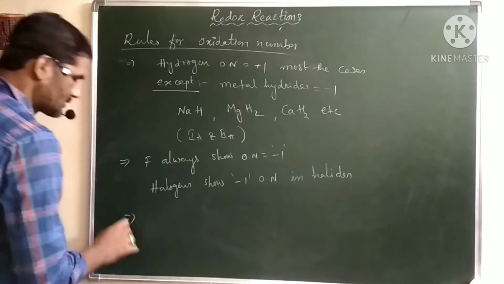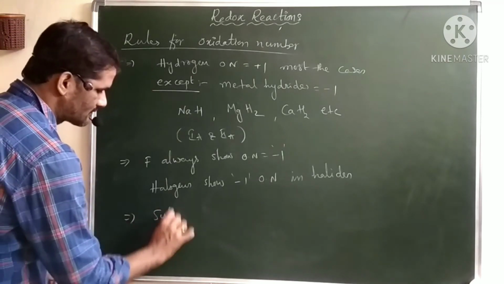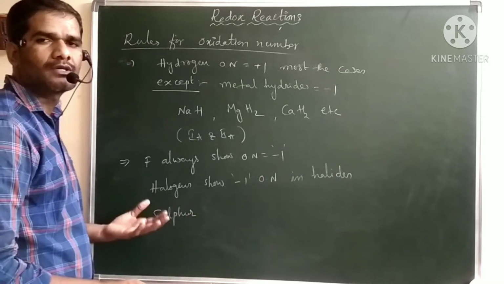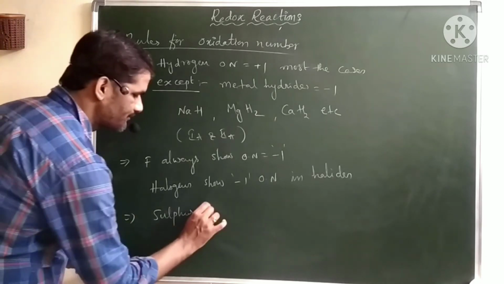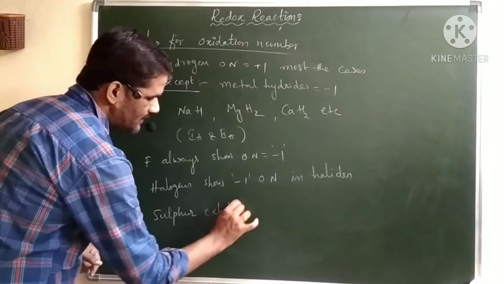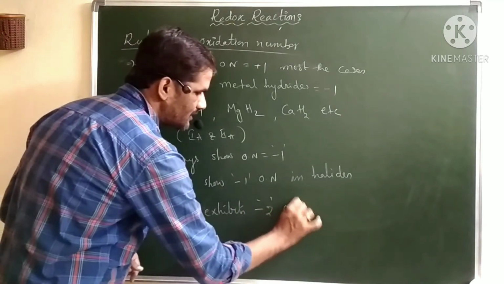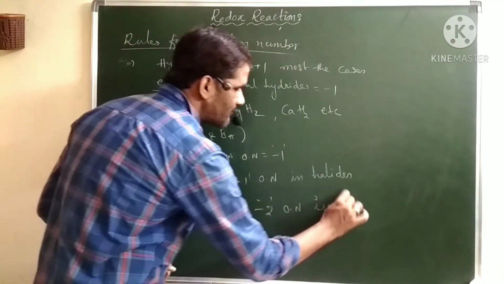And the next, sulfur. Sulfur exhibits -2 oxidation number in sulfides.